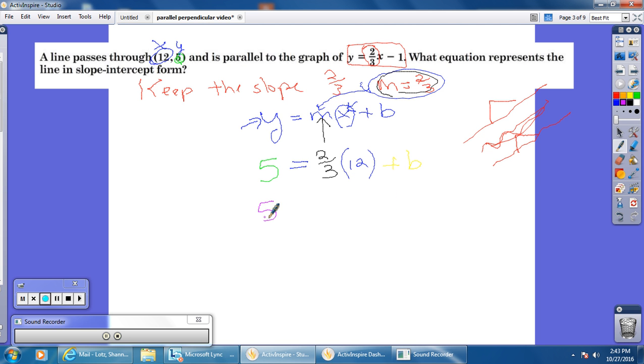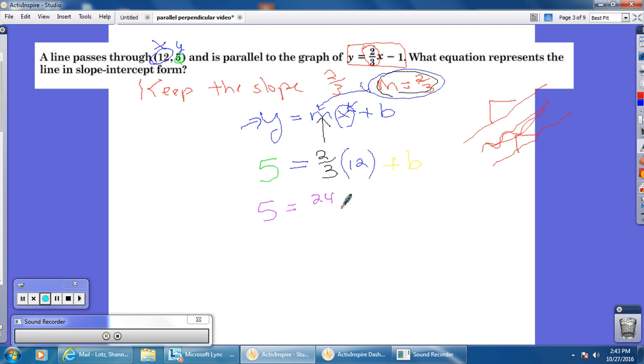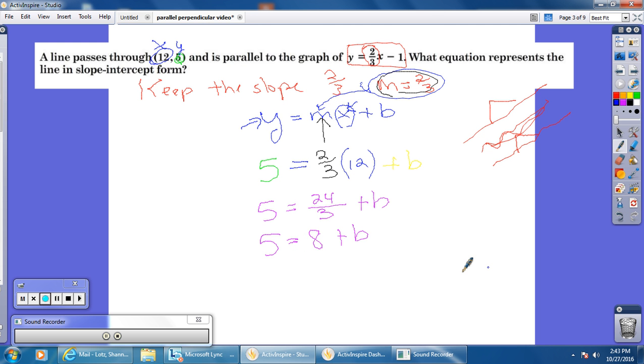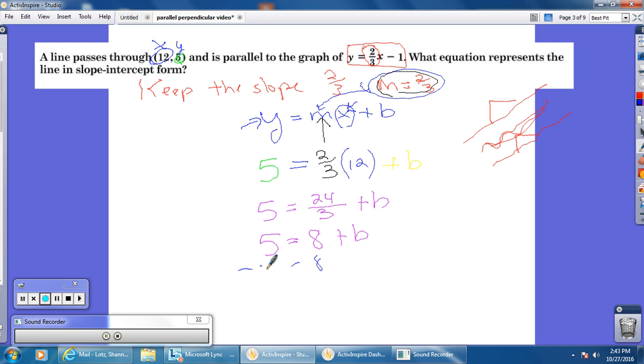So 5 is equal to 2/3 of 12. So 2 times 12 is 24 over 3, plus b, and 24 divided by 3 is the same thing as 8 plus b, right? So then I'm solving, so I'm going to subtract 8 from both sides. 5 minus 8 is -3.